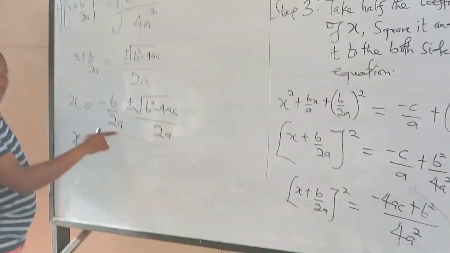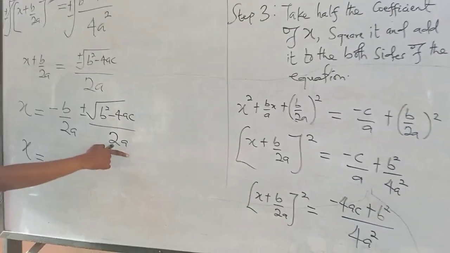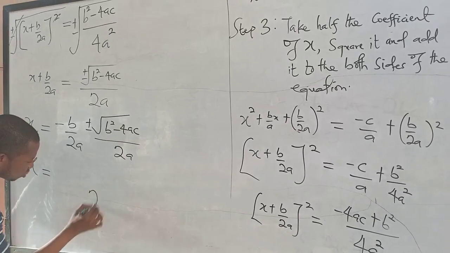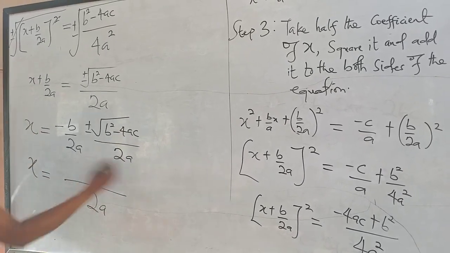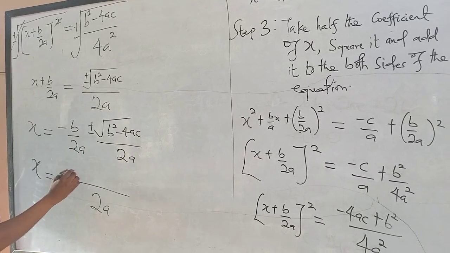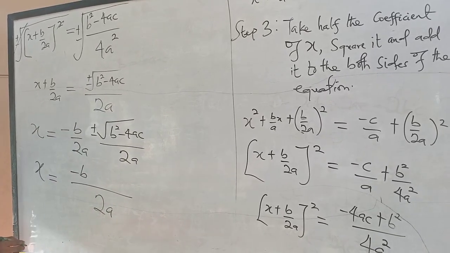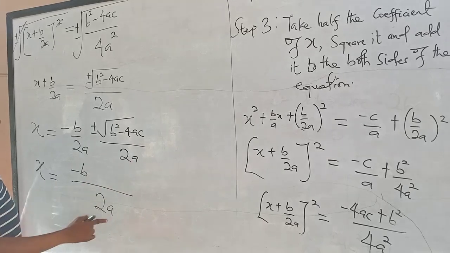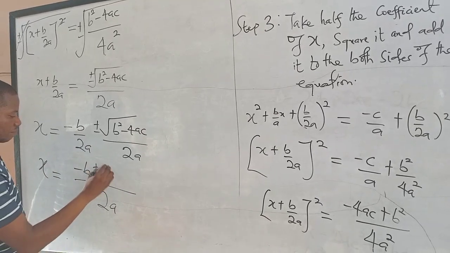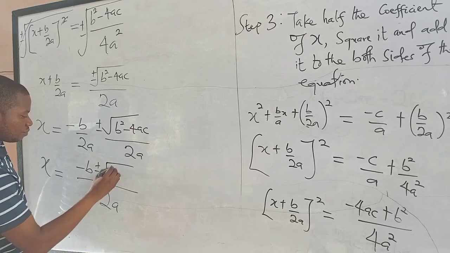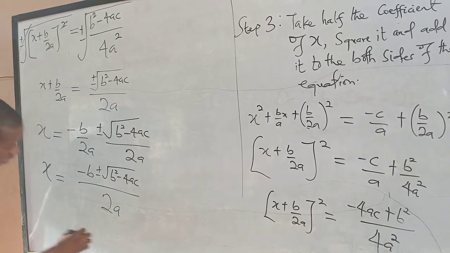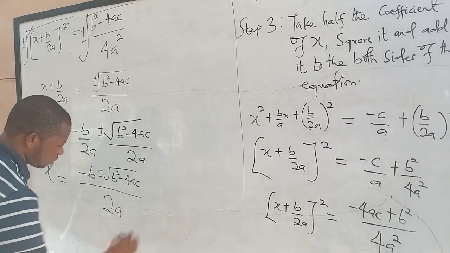You can see the denominator here is 2a, the denominator here is equally 2a, so the LCM is 2a. Just pick one of them. Now 2a divided by 2a, 1 times minus b will give me minus b. Coming here, 2a divided by 2a, 1 times the whole of this will give me plus or minus the square root of b squared minus 4ac. Hence deduced.